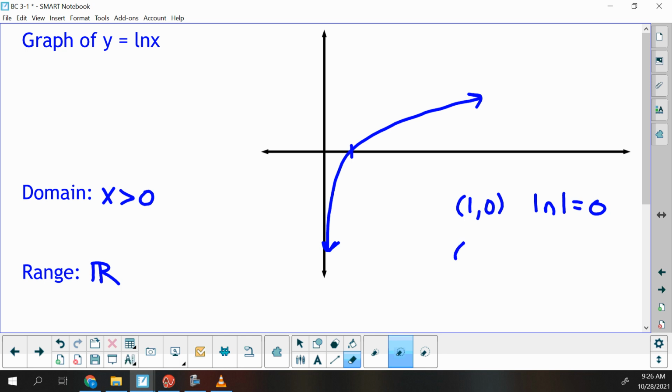And then the other point is (e, 1), because natural log of e is just 1. Whenever your base matches the inside of your log, that's always going to be 1, because your base raised to 1 is the same as that base if you switched it to exponential. So those are the key things we would want you to know about the graph of natural log of x.